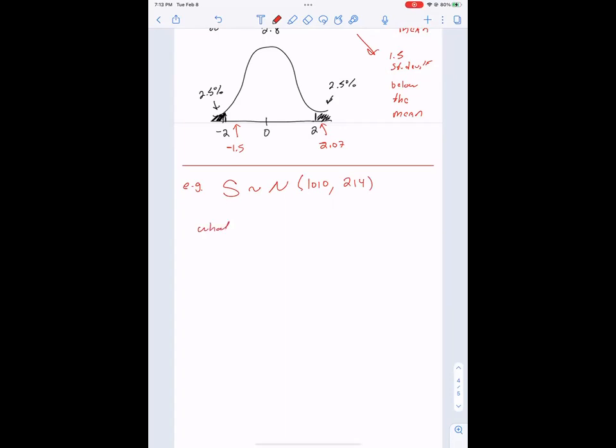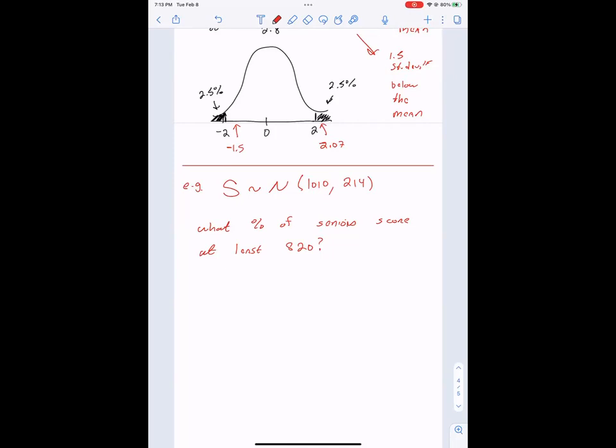What percent of seniors score at least 820? And I want to do this in a few different ways, just to show you our options.